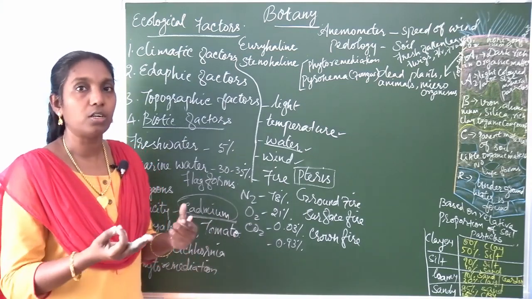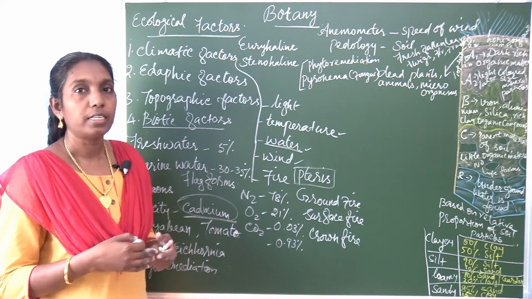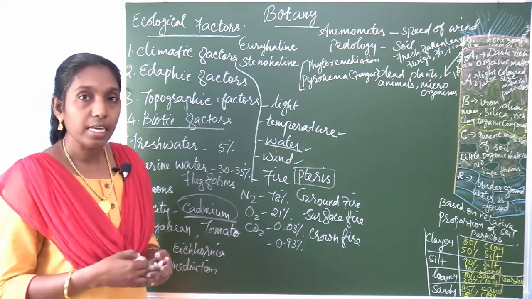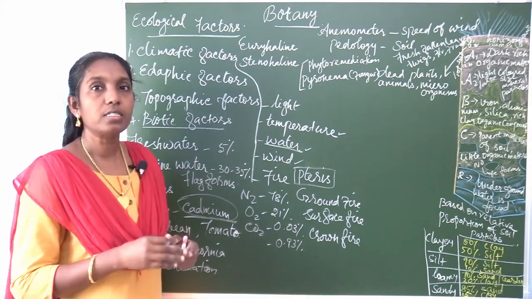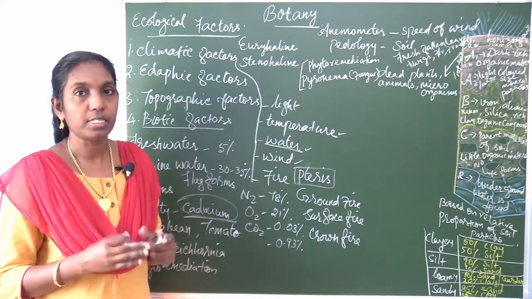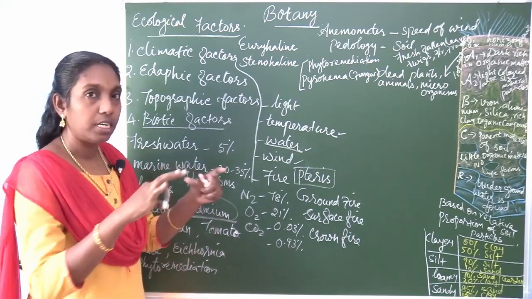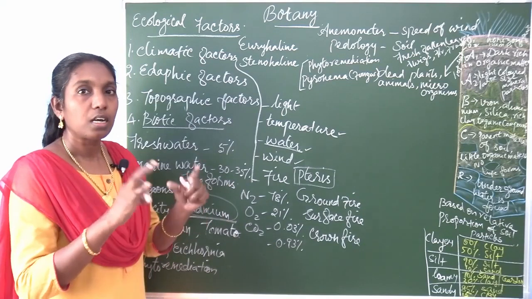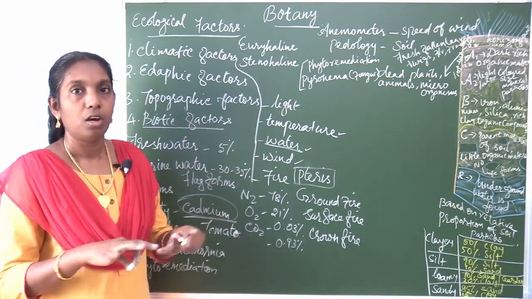So other organisms, microorganisms like fungus or bacteria, lichens and plants, produce acidic or certain chemical substances which erode the rocks. So the biotic weathering process causes the formation of soil, the upper surface of the soil.